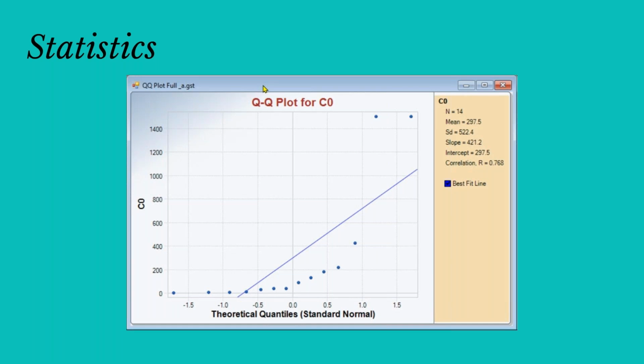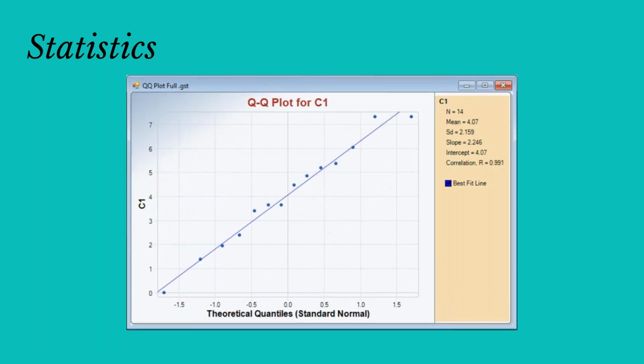And so when we did a probability plot on the raw PID readings, you can see that they don't really plot along that straight line at all. They're shifted, and they look like a log normal plot. When we took the natural log of all those readings and replotted that data, what we found is that it is log normally distributed, which is typical of most contamination sites that are out there.